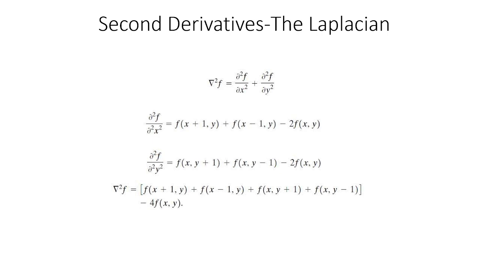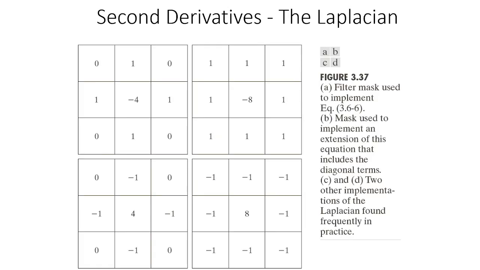You have to find the difference from this pixel and this pixel, so it is minus 2 of x comma y. Similarly for the y location, if your current pixel is x comma y, the above pixel will be x comma y plus 1, and the below pixel will be x comma y minus 1, and you are finding two times difference, and finally summing up you will get the second derivative.